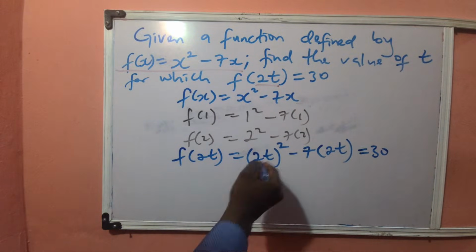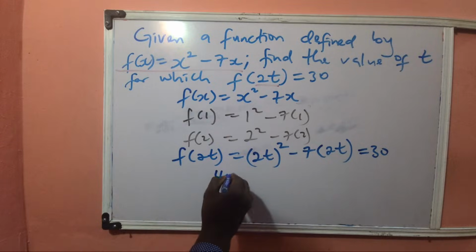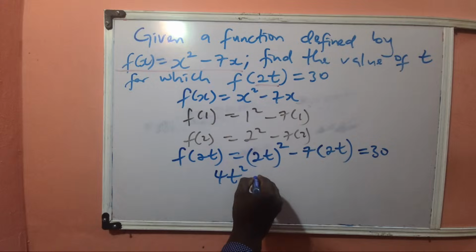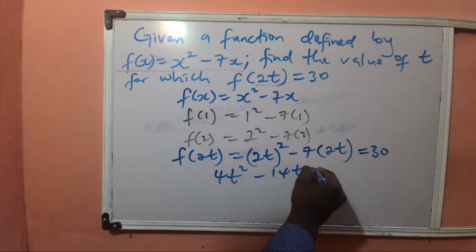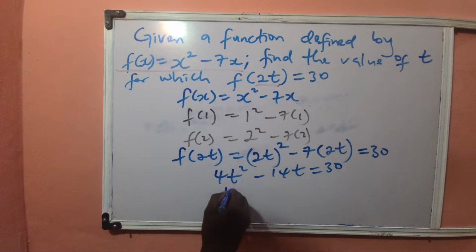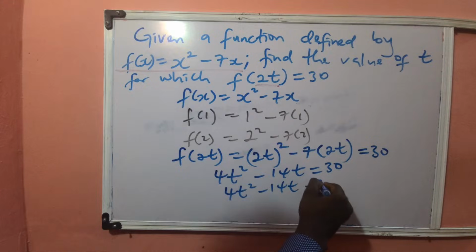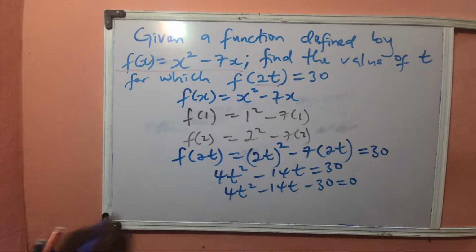So you can go on to expand this, that means open this bracket. That will be 4t squared minus 14t is equal to 30. This is 4t squared minus 14t minus 30 is equal to 0.